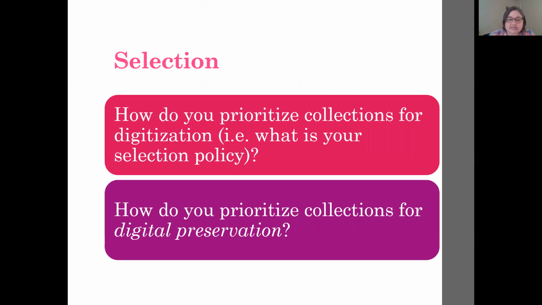Digging into selection a little bit, you want to be thinking about how collections are prioritized for digitization or reformatting. And then also, how are you prioritizing collections for digital preservation? Not all digital collections have the same value to the institution.